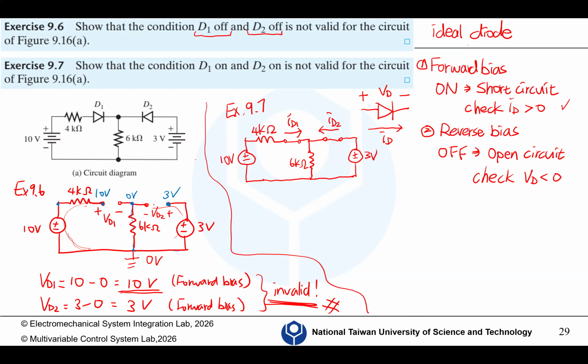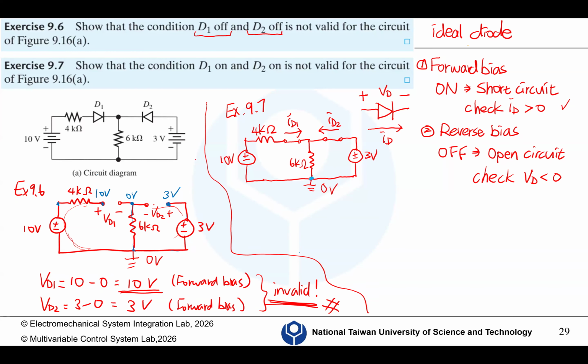Same thing, we define a ground, so it's 0 volts. How can we do this? Okay, so by observation.